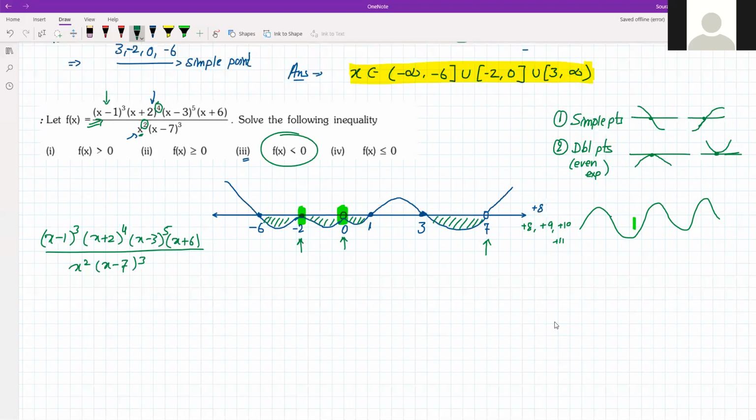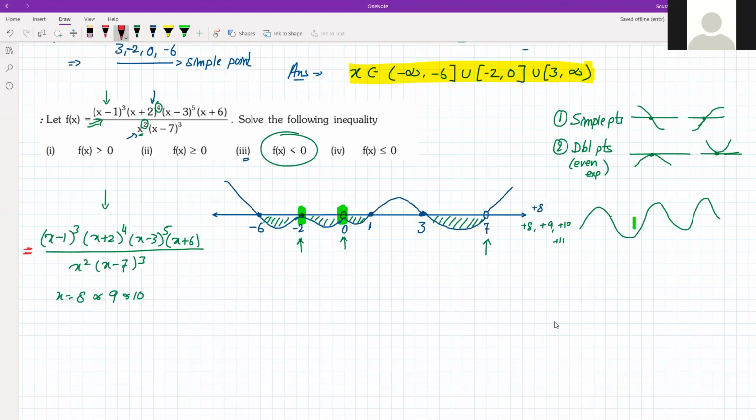Now if I substitute x equals 8 or even 9 or 10, what will happen? This expression will be either positive or negative, and we can find that.